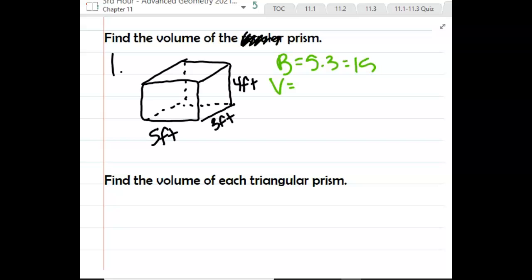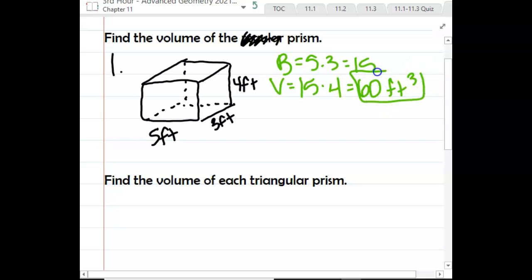Then to find the volume, I would take that area and multiply it by the height of the prism, which is why it's nice that we chose the bottom, because then we can just think about how tall the prism is, and you would say 4. So the volume of this prism is 60 feet cubed.